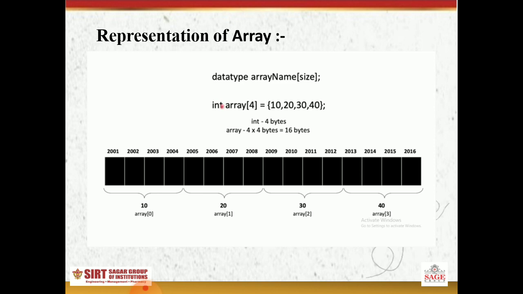For example, here we take an example int array[4]. The data type is integer, array name is array, and the size of array is 4. This is the declaration of array.